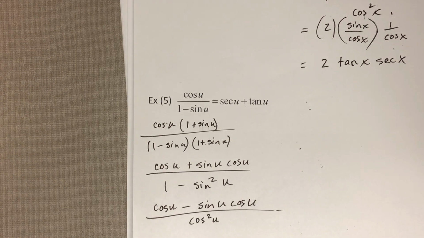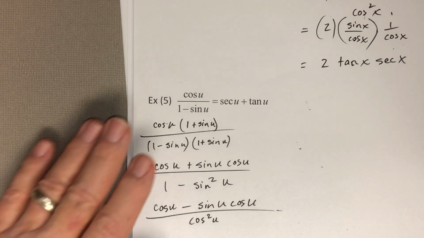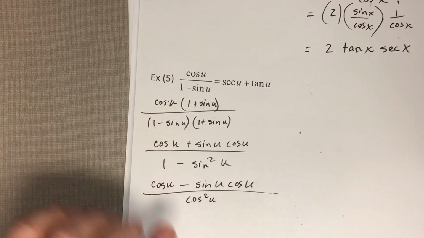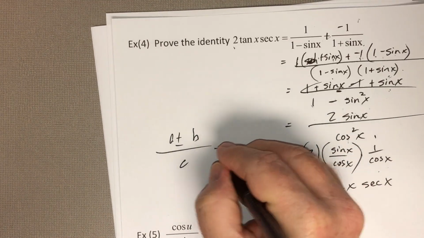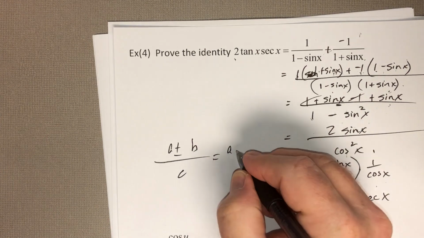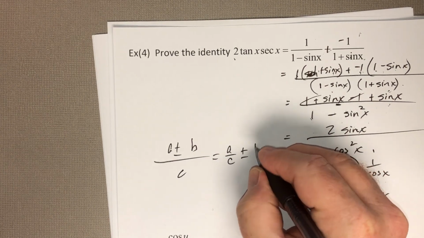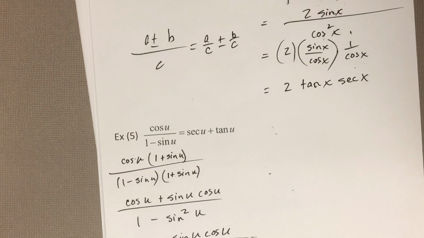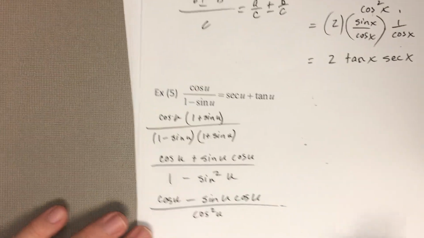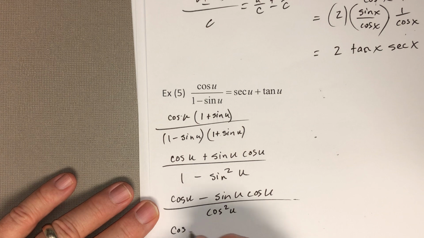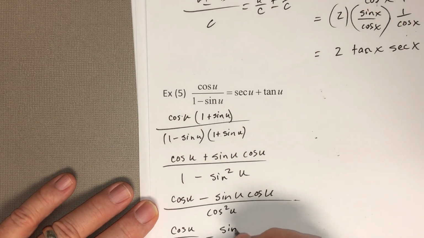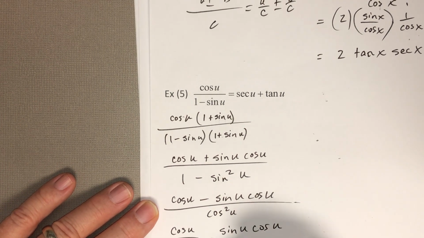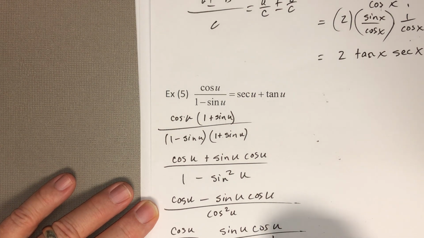And now, this is a technique that you can do when you're verifying identities, and that is to, if you've got A plus or minus B over C, you can always rewrite that as A over C plus or minus B over C, depending on whether you have a sum or a difference. So that's what I'm going to do. I'm going to say, okay, this is the cosine of u divided by the cosine squared of u, minus the sine of u times the cosine of u divided by the cosine squared of u.